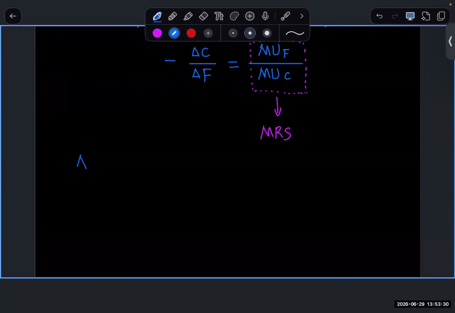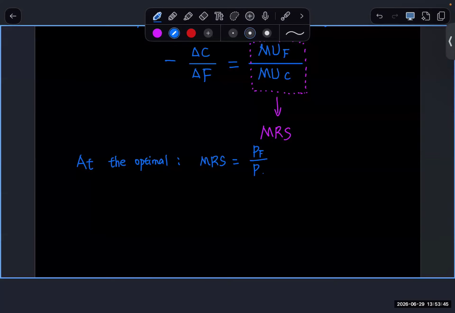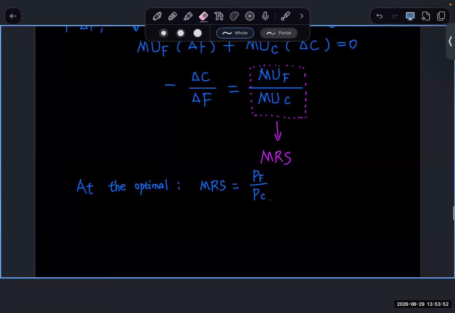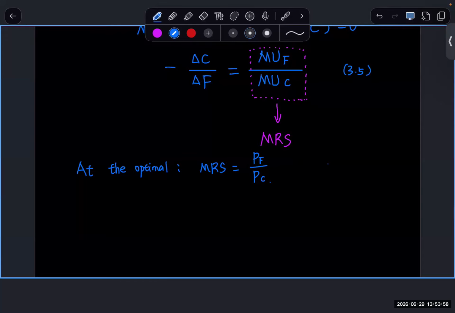At the optimal, what do we have at the optimal? MRS equals the price ratio, right? So this is exactly from the slide, equation 3.5, and here is 3.6.